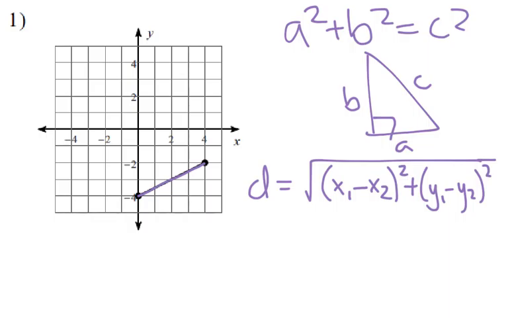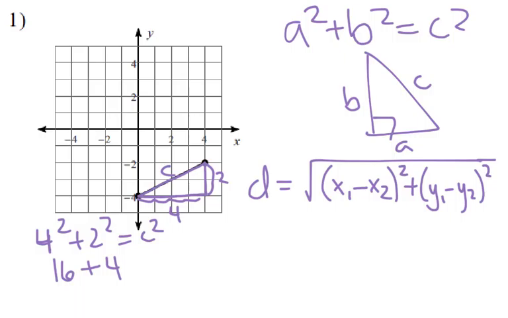So there are two ways you can do most of these problems. I think the easier way is to simply make that triangle when you're given the graph, and then count the lengths, and then go 4 squared plus 2 squared equals c squared. 4 squared is 16, 2 squared is 4, 16 plus 4 is 20.